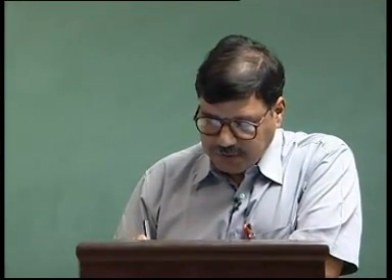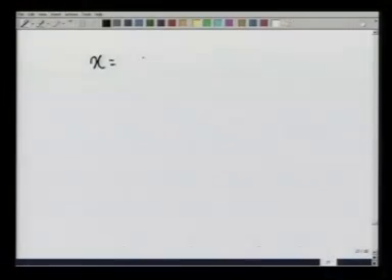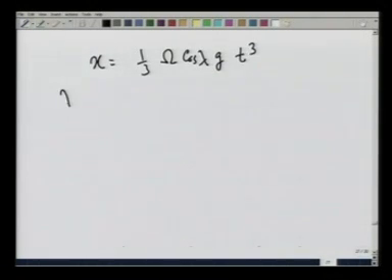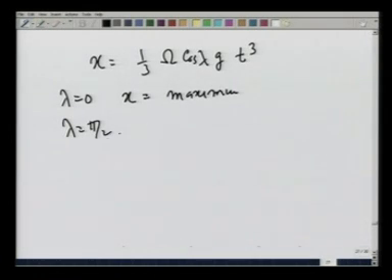How much is the magnitude? So, x equals 1/3 omega cosine lambda g t cubed. Lambda equals 0, x is maximum. Lambda equals pi by 2, that is at north or south pole, x is 0.